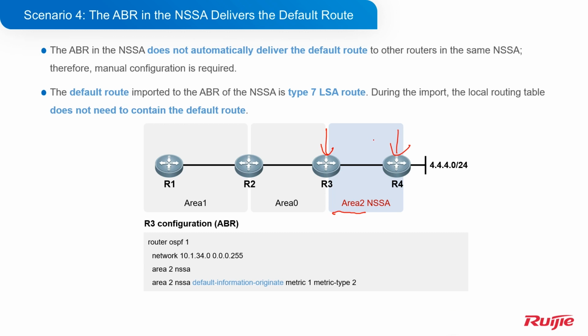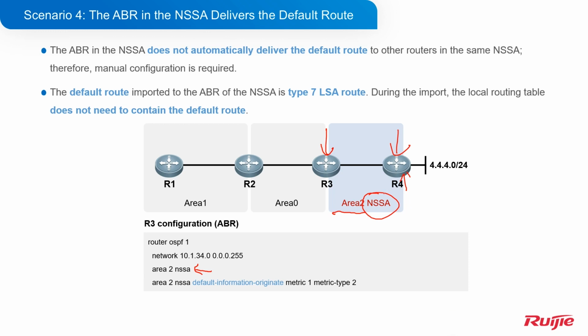Okay, this is another difference between the NSSA area and the stub area. On R3, the configuration is router ospf 1, then the network command, and set the area to become NSSA. We also have to do this command on the R4 device. Okay, after this, the area becomes the NSSA area.